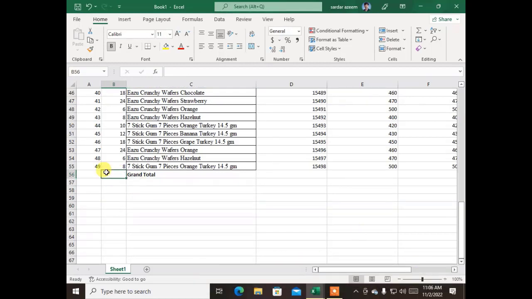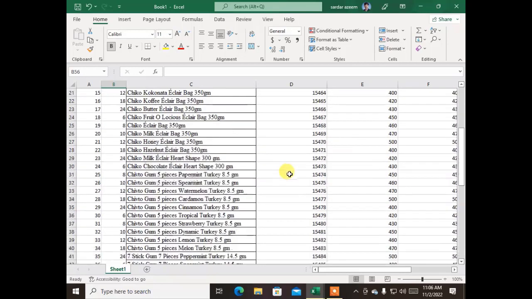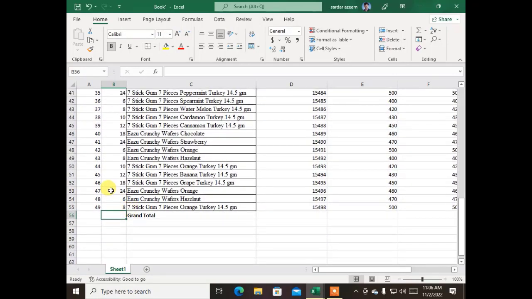Let's see, for example, how much quantity we have sold to Medina Cash and Carry. We want to calculate the total sum of this column.